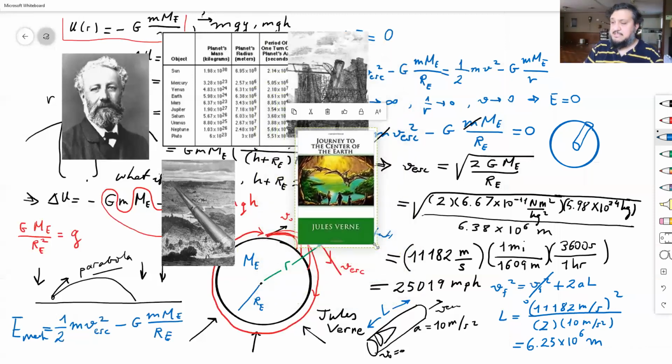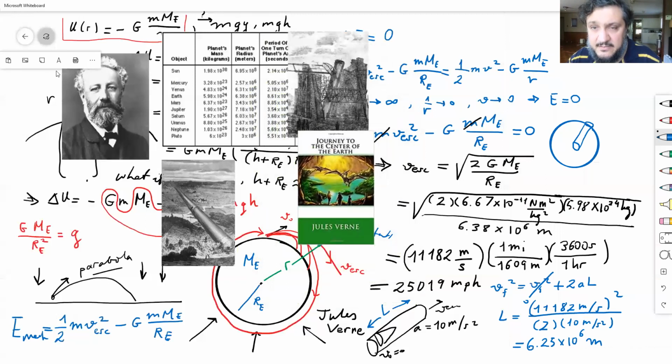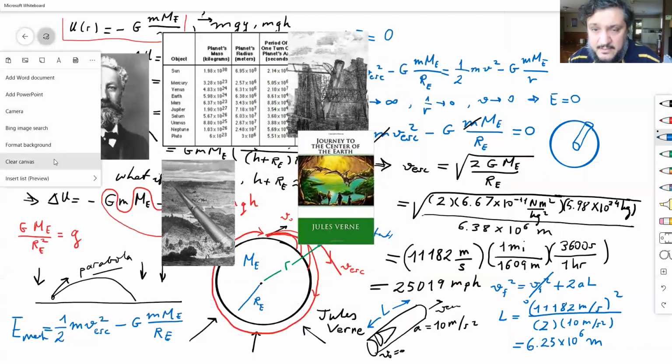Okay, so let's open up a new whiteboard. Let's clear the canvas. What is the fastest thing in the universe? That's light.